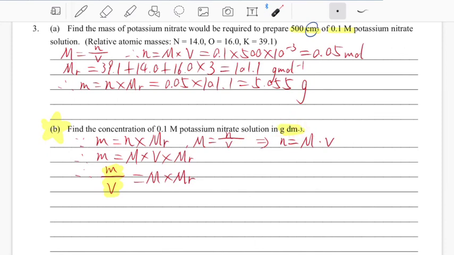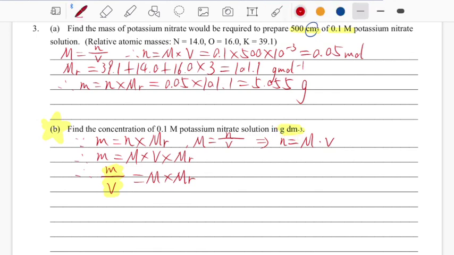So the quicker way to work it out is to use this molarity multiplied by the molar mass. Then we can convert the molarity into the concentration in gram per dm cube.